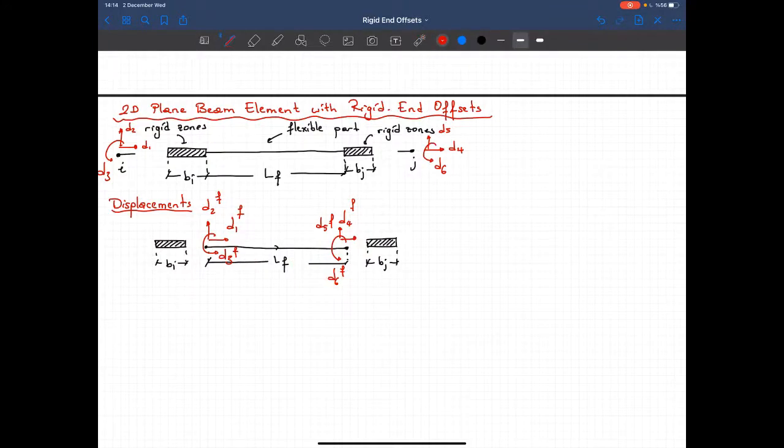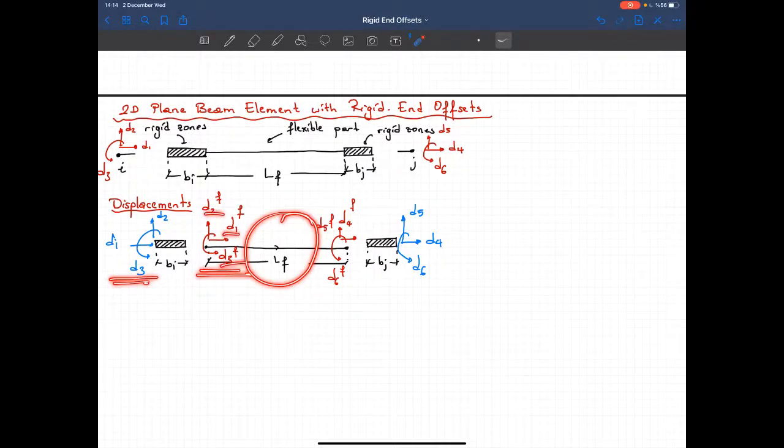But I want to write these degrees of freedom in terms of the degrees of freedom at the end of this member. So I have d1 here, d2 here, d3 here, d4, d5, and d6. So basically what I need is the relationship between these degrees of freedom and these ones, so that I can convert the stiffness matrix defined for these 6 degrees of freedom into a different set of degrees of freedom.